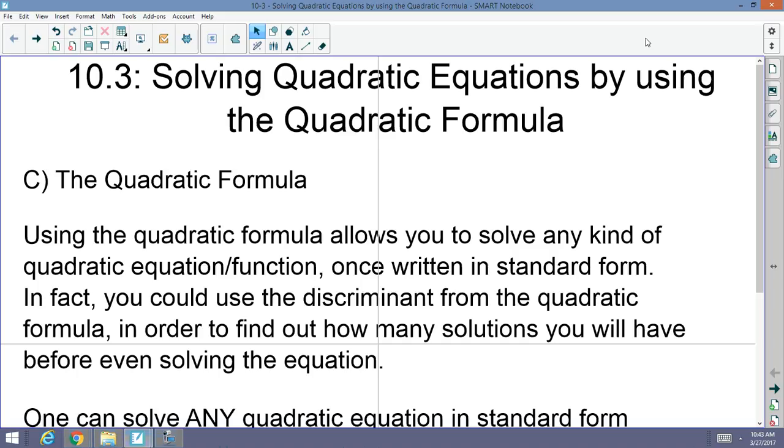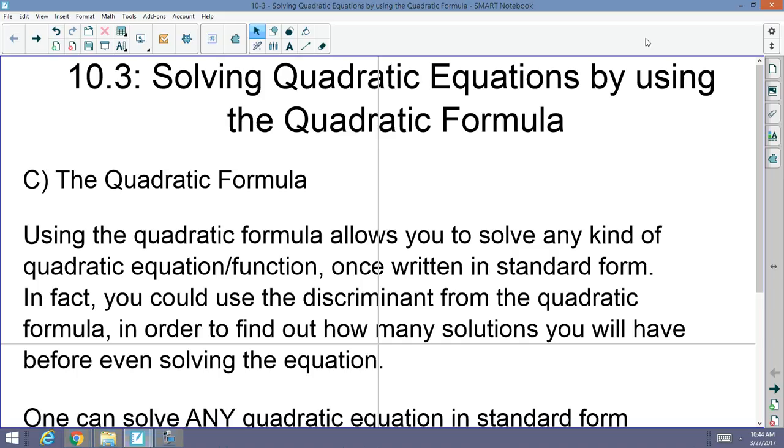So many of my students say, Mr. Morrow, if this can be used for everything, why would you torture us with all the other skills? Because believe it or not, guys, just because this can solve any kind of quadratic function does not mean that it is the best or most efficient one to use all the time.